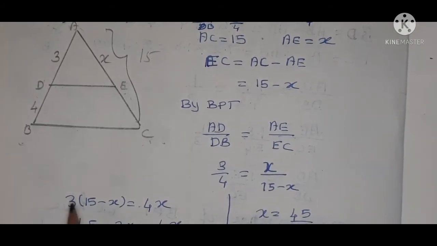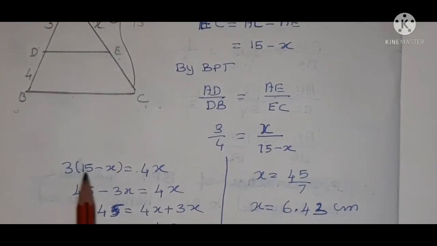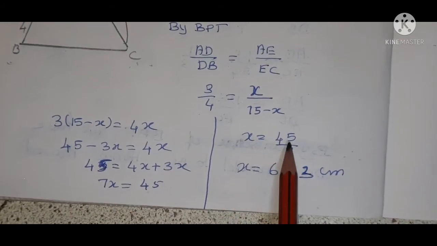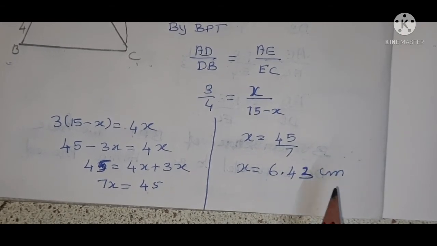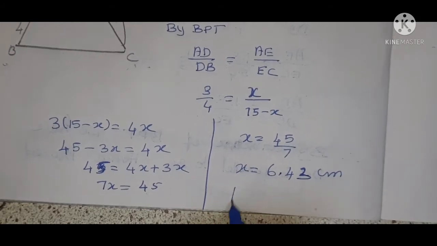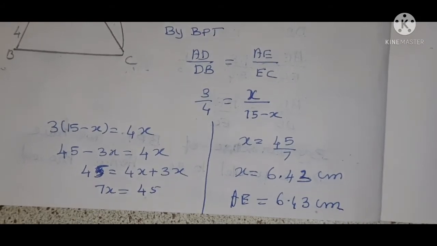Cross multiplication, we get 3 into 15 minus x is equal to 4x. 45 minus 3x is equal to 4x. 45 is equal to 4x plus 3x, 7x is equal to 45. x is equal to 45 by 7, which is 6.43 centimeter. Therefore, AE is 6.43 centimeter.